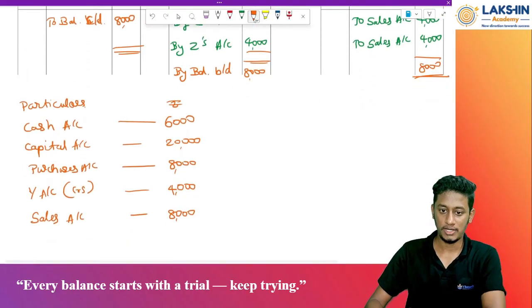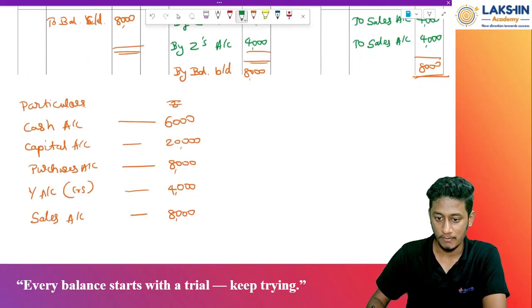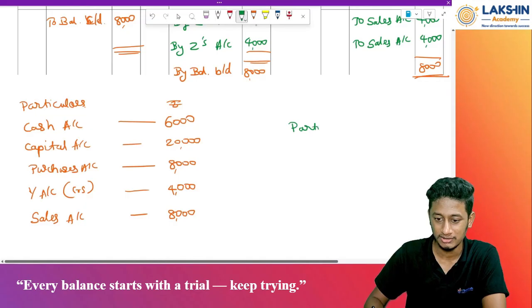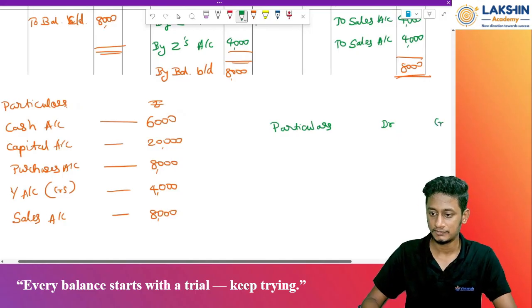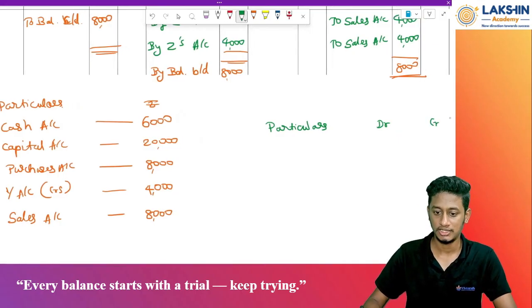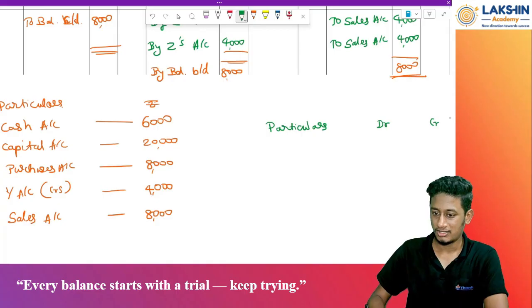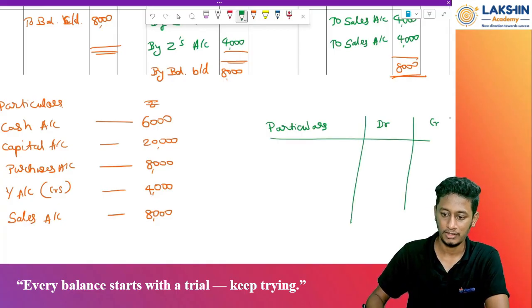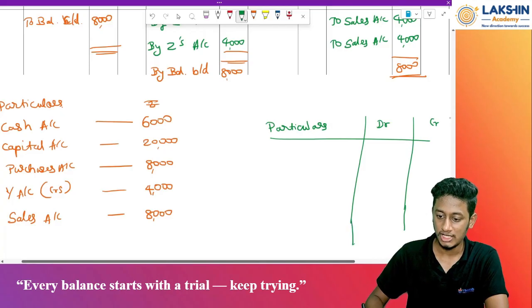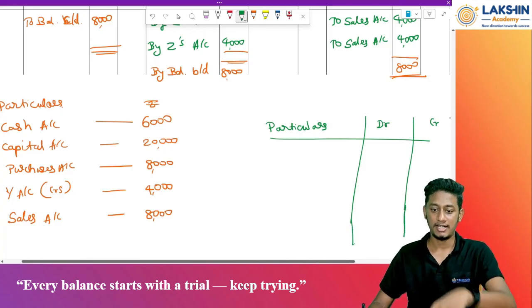So if I have to put up the format, it will be a simple thing. Particulars, and debit, and on this side credit. This is a basic one. Let's put up the lines over here. Now let us go on finding out debit and credit.